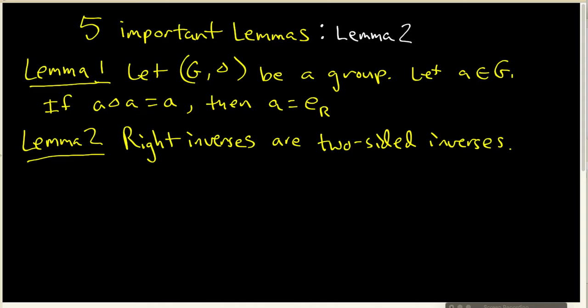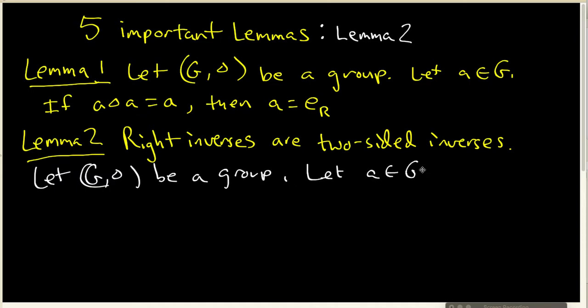Now, what does this actually mean symbolically? To translate this into symbolic language that we can work on a proof, we have to say that G is a group. And again, we're going to let A be any element of G. What this claim that right inverses are two-sided inverses says is this.